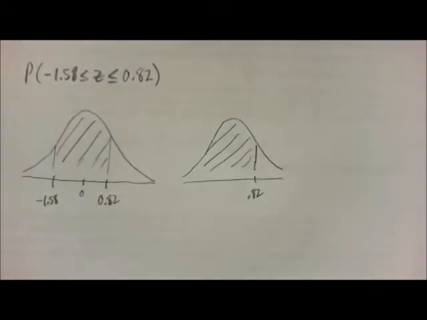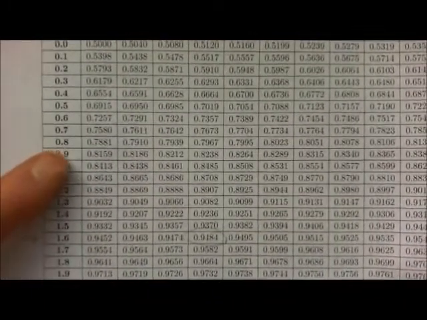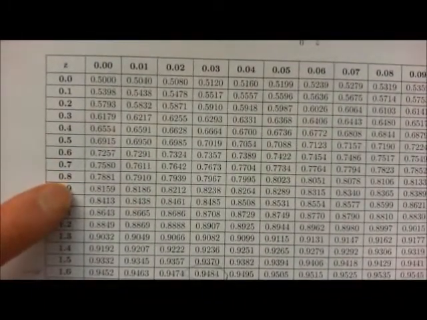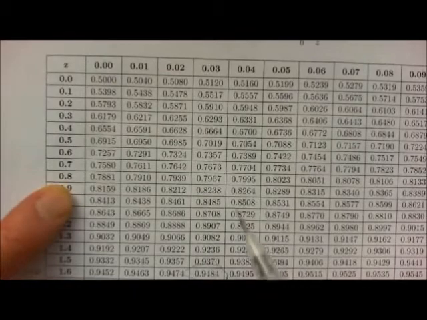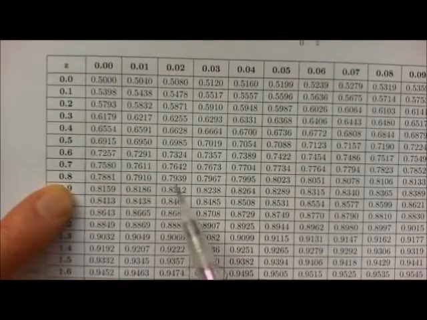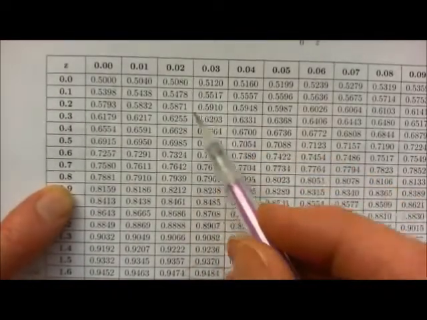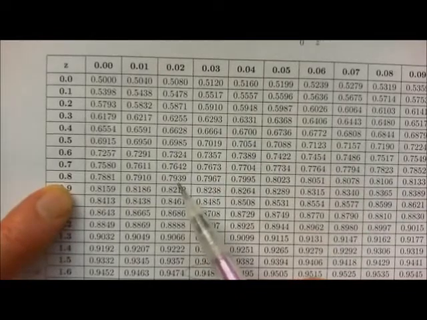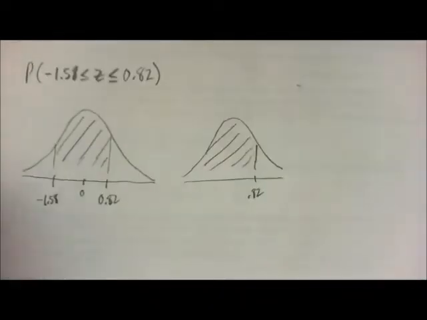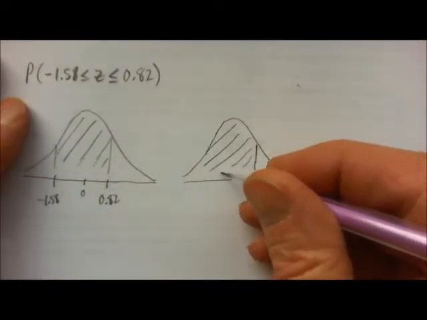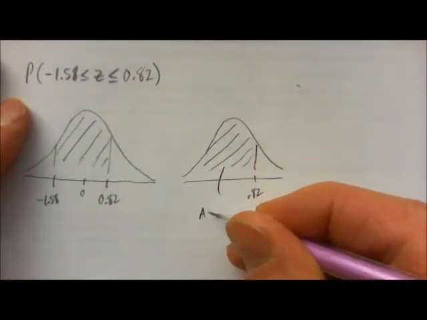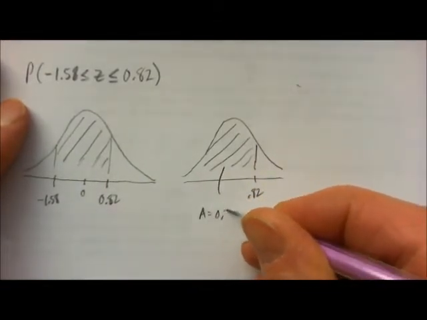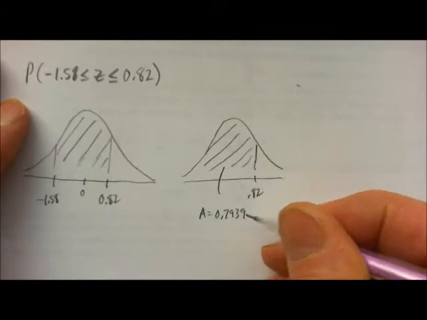So if we look that up in the table, and here's 0.8, I think we can even see the whole table this time. So there's 0.8, and up at the top here, here's our 0.02 for our hundredths place. We get 0.7939. Okay, so this area is, so I'll write area equals 0.7939.